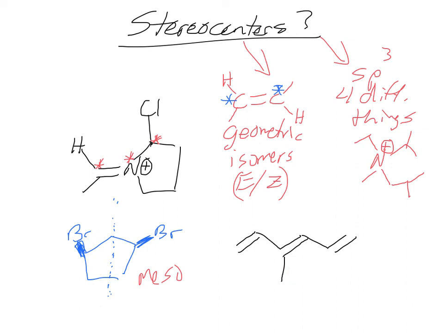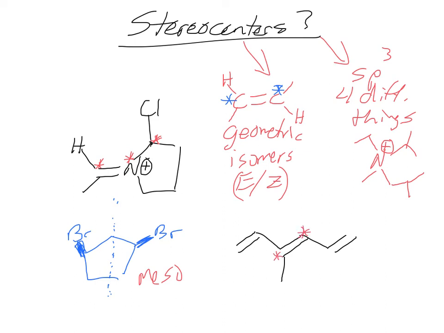So, you have 3 alkenes. How many of these alkenes can be E or Z? Which alkenes can be E or Z? Just the middle one. Right? So how many stereocenters do you have then? 2. Has to be 2 always, right? It's all or nothing. If this alkene can be E or Z, then they're both stereocenters.